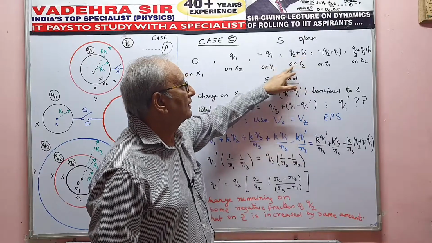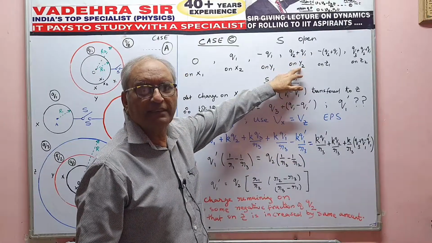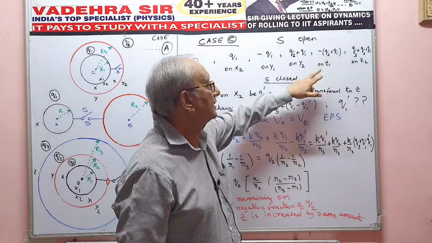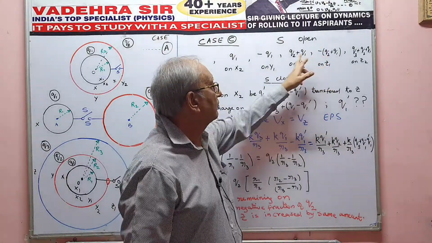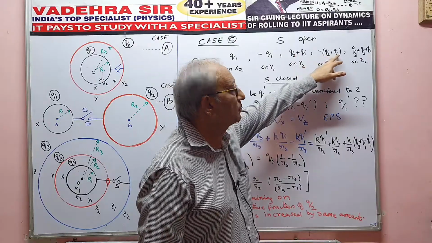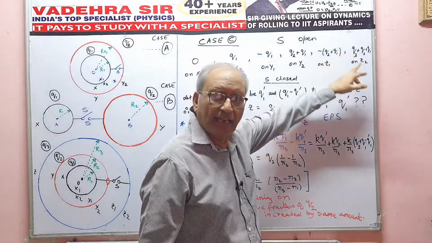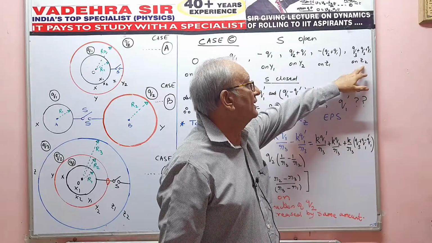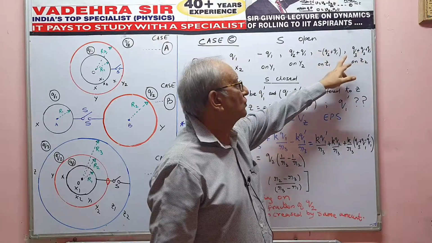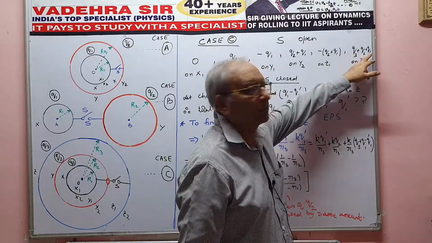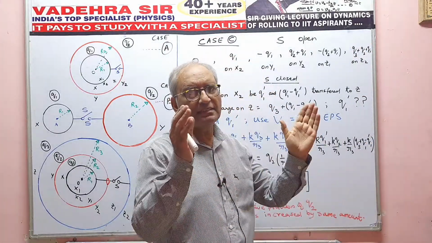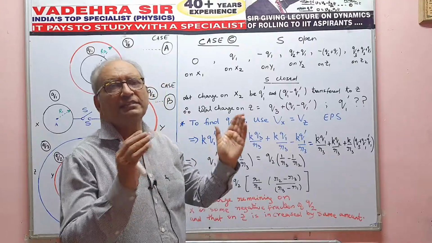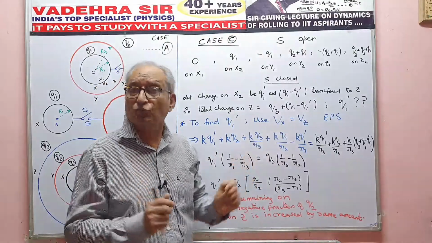Q2 plus Q1 on the face Y2, floating plate, charge conservation. Gauss's law will tell us that on the face Z1 it will be minus of this, so minus of Q2 plus Q1, and on the face Z2 of the plate Z it will be Q3 plus sum of this, so Q3 plus Q2 plus Q1. This is the charge distribution when all the three plates are floating, the switch S is open.